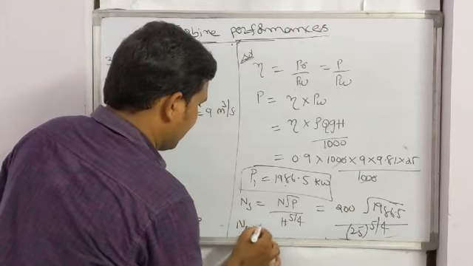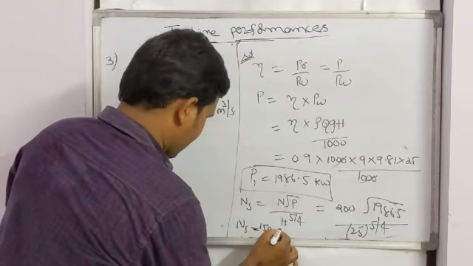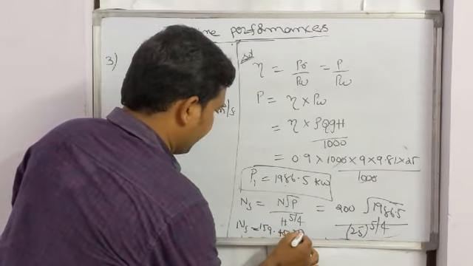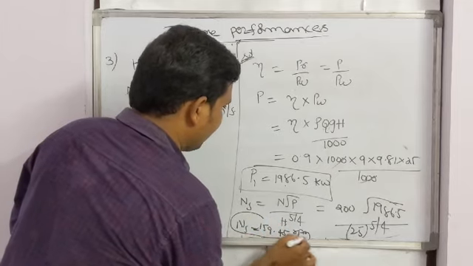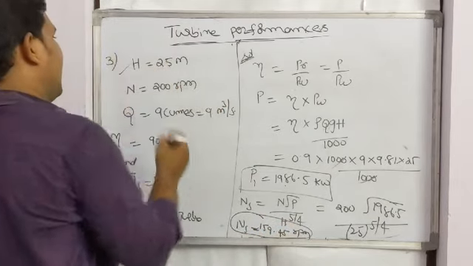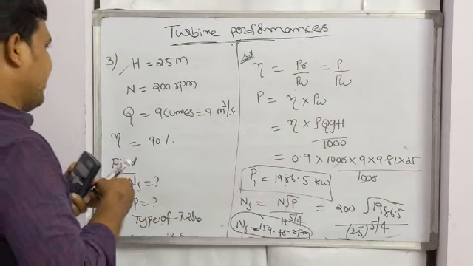So NS is 159.45 RPM. This is the specific speed for this 25 meter head availability.